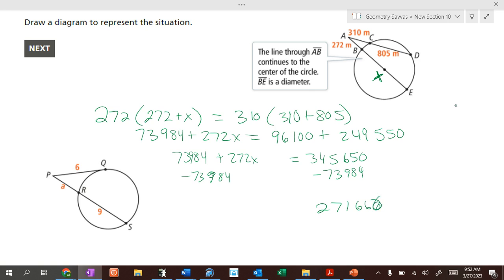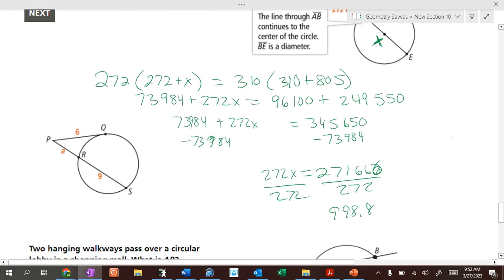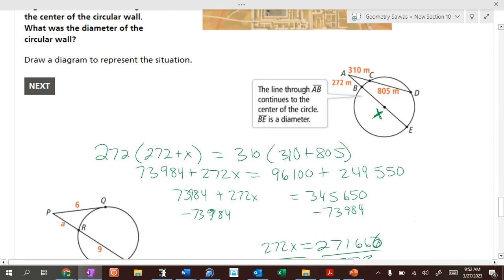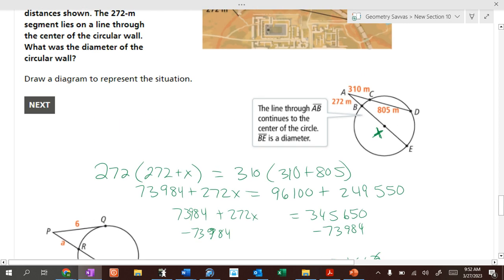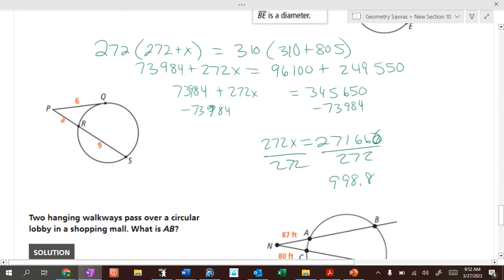Okay. And then divide by 272. So basically, it's right at about 1,000 meters that circular wall was.